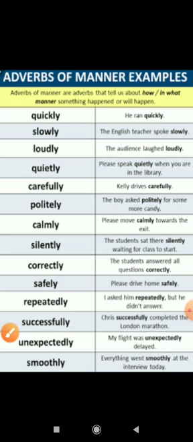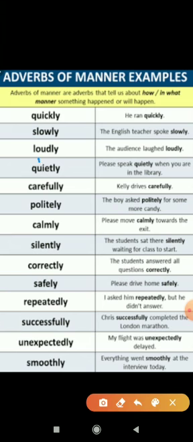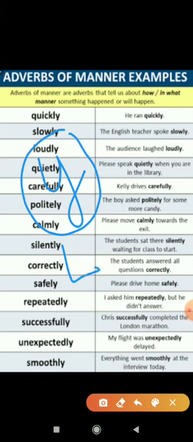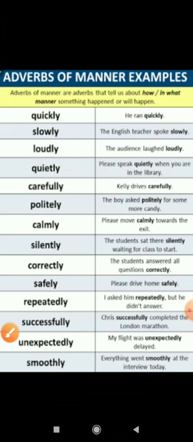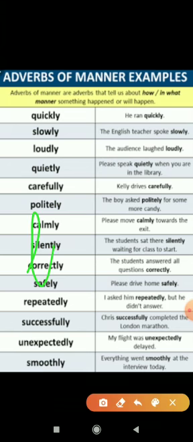To adjectives that end in y, first we will remove y and we will add ily. For example, lucky. Lucky is an adjective. How will we make adverb?